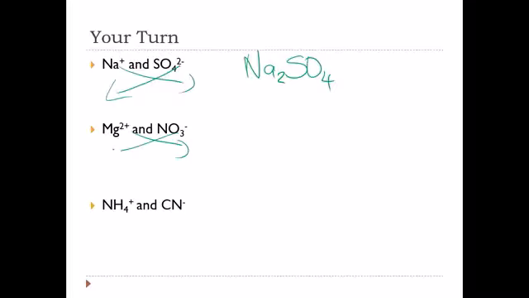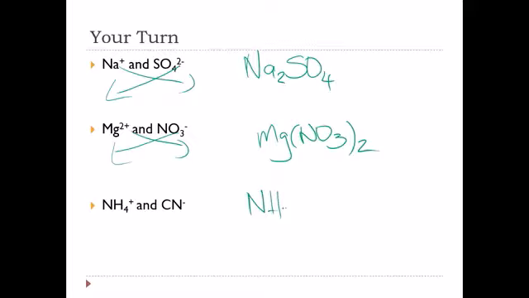Then again, we crisscross, so Mg(NO3)2. And here we're going to crisscross, but because the magnitude is 1 to 1, the subscripts are going to be 1 to 1. Notice we don't write any parentheses in this one or this one because we haven't introduced a new subscript behind the polyatomic ion. This subscript was already there, as well as this one. So we don't need parentheses.